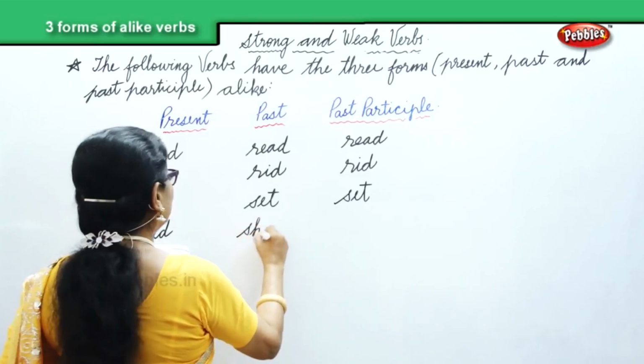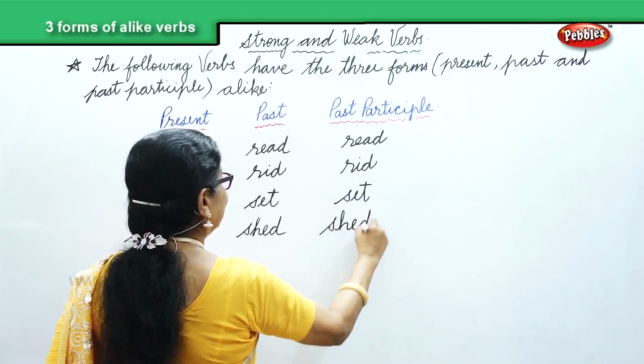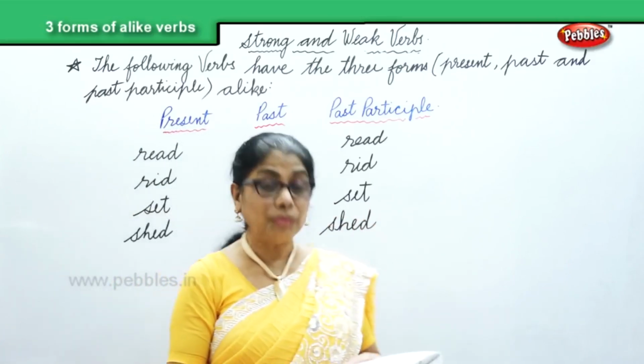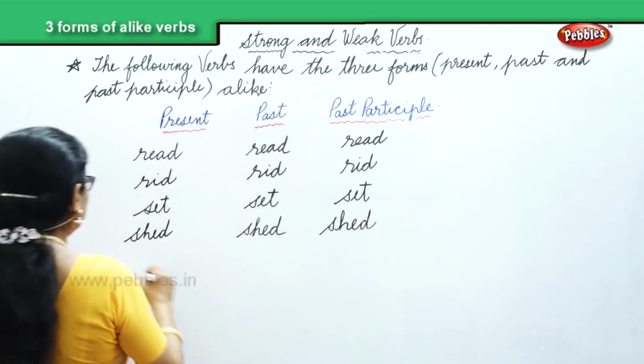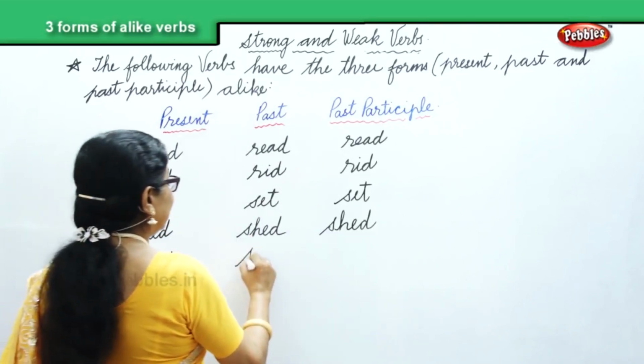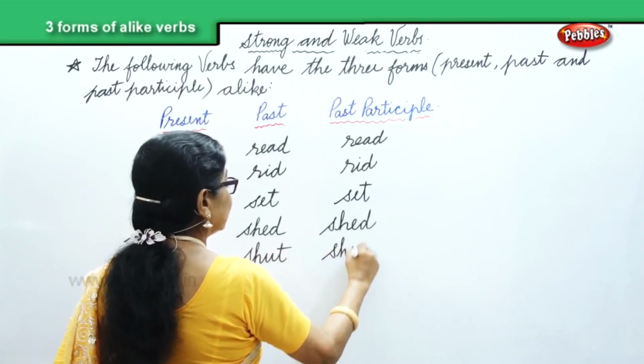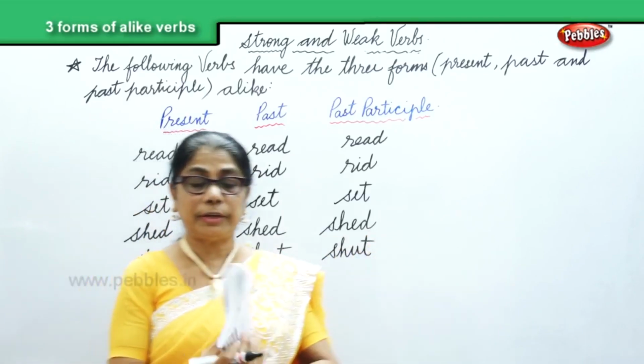Many leaves also, you will say only shed. One or many, it's always shed. Then you say shut. When you say shut the door, shut the window, it's just shut for all three forms. It is shut for all three forms.